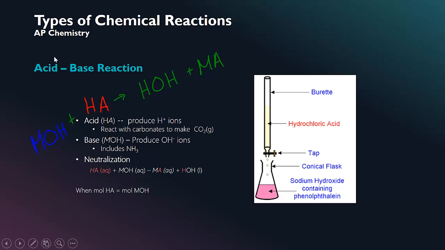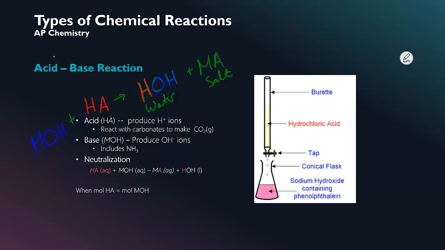Now, the water comes from the fact that the acid will donate hydrogens to solution and the base will donate hydroxides. So all acid-base reactions produce water and then some salt, some cation and anion.